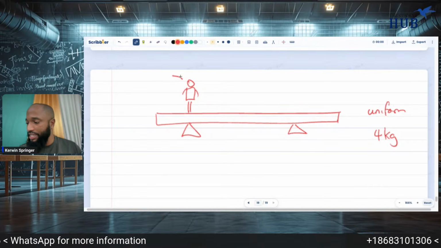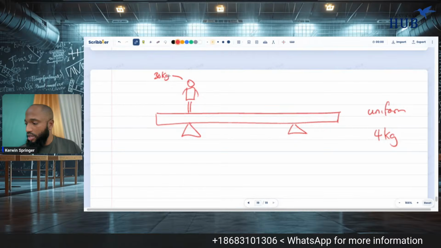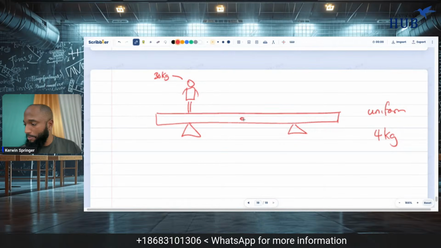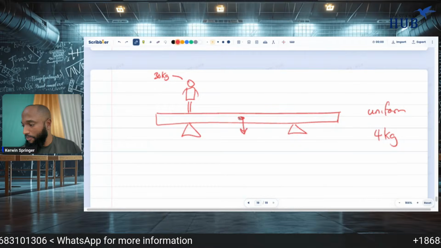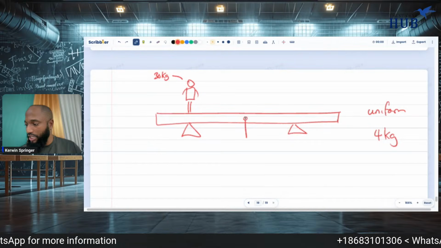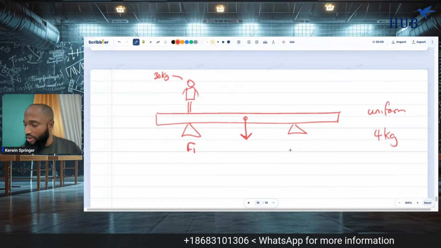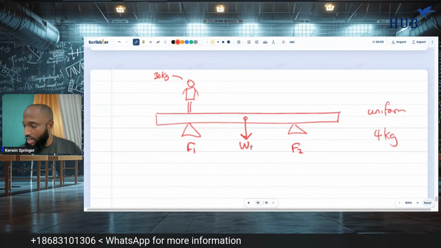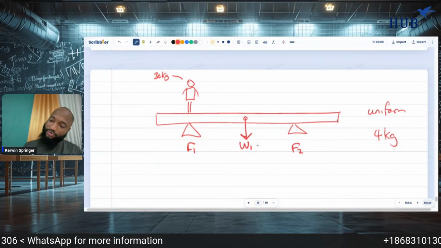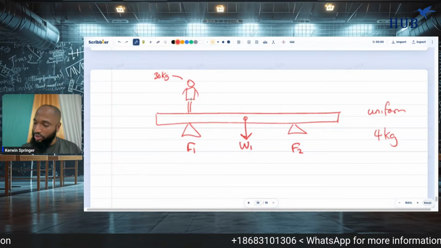And let's say he is 30 kgs. So if this question came in the exam, and they want you to get the value of F1 and F2, and W1, and W2. Go ahead. Let's see how much you all understand.